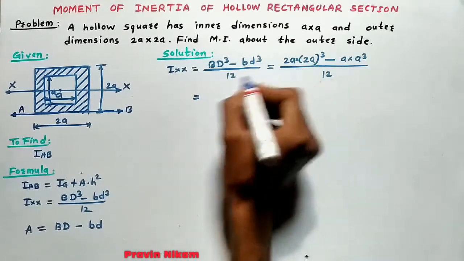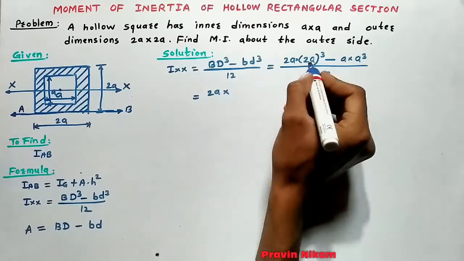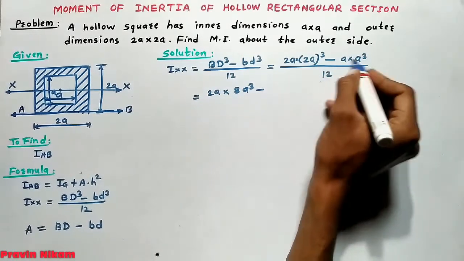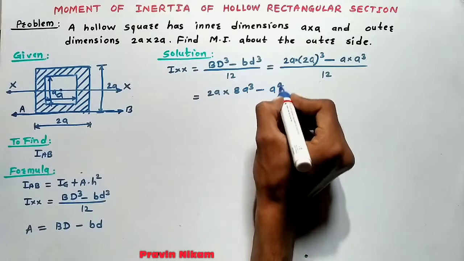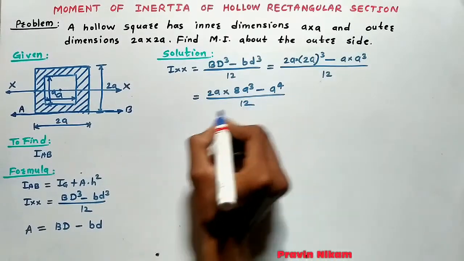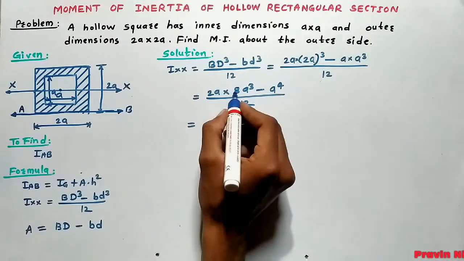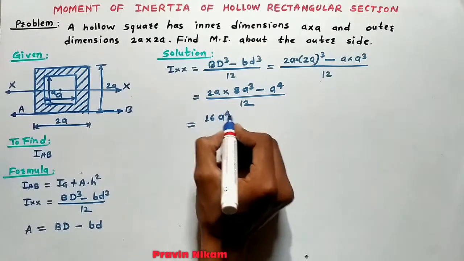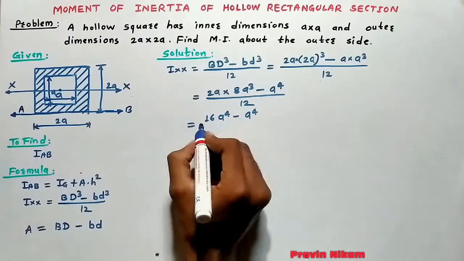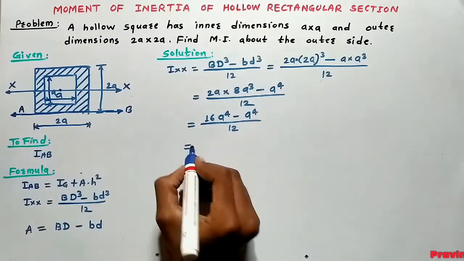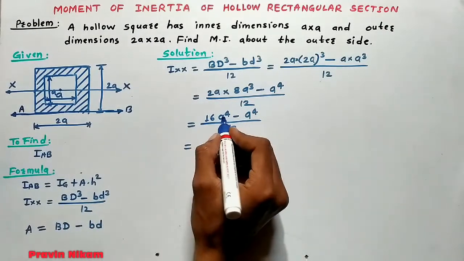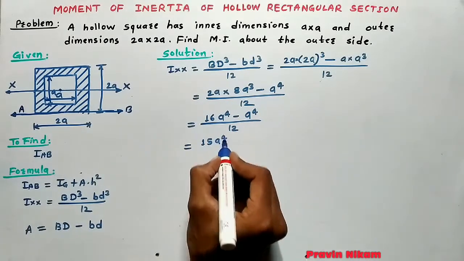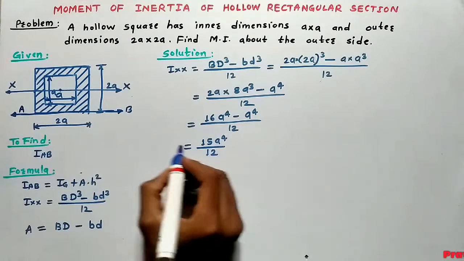That is 2a into 8a cube, minus a into a cube, which is a raised to 4, divided by 12. So 2 into 8 is 16 a raised to 4 minus a raised to 4, that is 15a raised to 4 divided by 12.